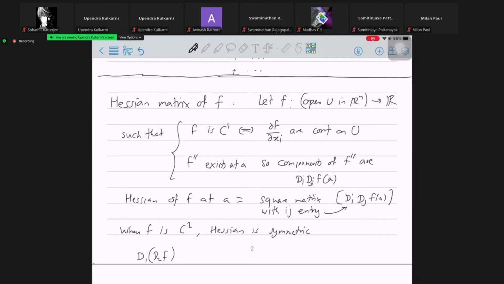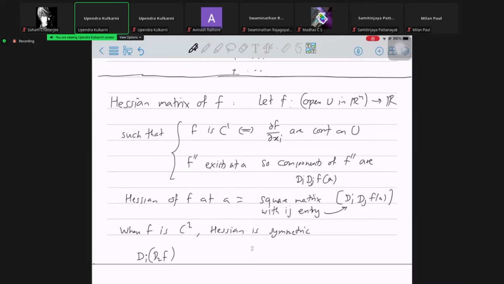So let's say all the Di's of D2 of f I want to calculate, right? That means D2 of f has to be defined in order to be able to calculate directional derivatives of any function.